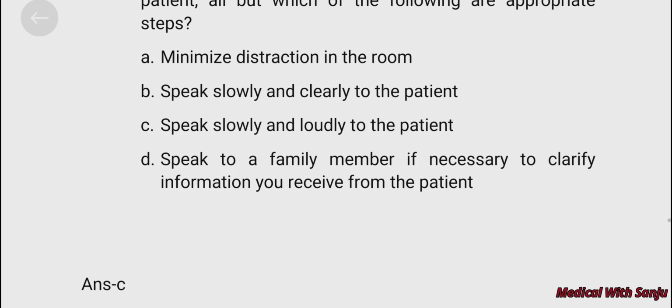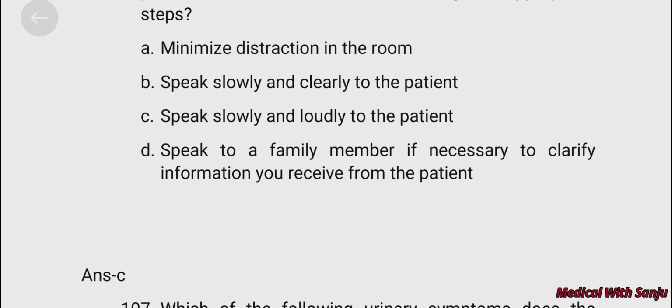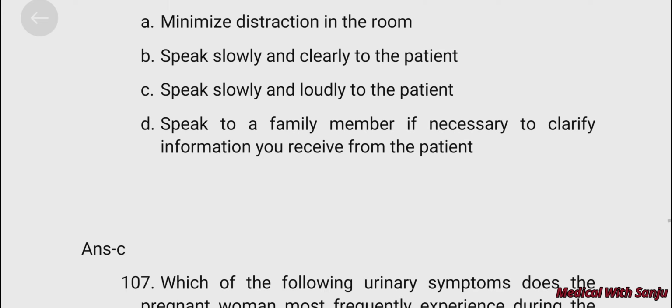Option C is the right answer. यो चाहिँ गर्नु हुँदैन. It is not necessary to speak loudly to a geriatric patient, even those with hearing loss. Speak slowly and clearly. Minimizing distractions in the room is also a helpful strategy. It is appropriate to ask family members to clarify information or to provide information that the patient struggles with. Option C चाहिँ यसमा आउँदैन.